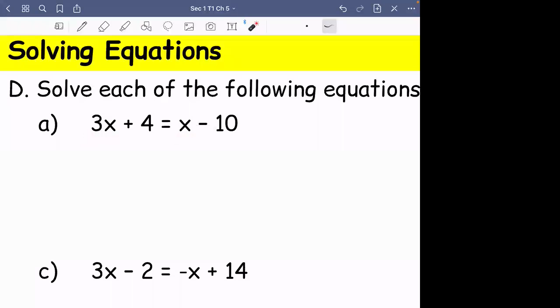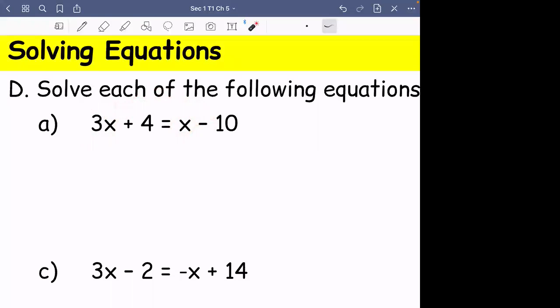Remember that, class. It's up to you if you want to put the 3x to the right side or the x to the left side. My rule is that all variables go on one side and all constants on the other side.